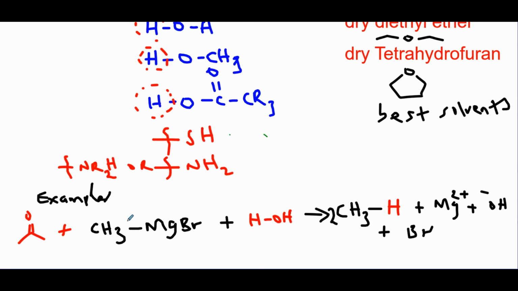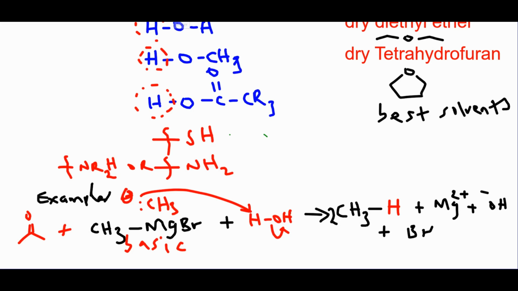It's not gonna work. Remember, this is very basic. It's a strong base. I told you Grignard reagents are taken to be carbanions. So this is a strong base. In presence of a species that has an acidic hydrogen, this guy is just going to grab the hydrogen. And that's what happened here.